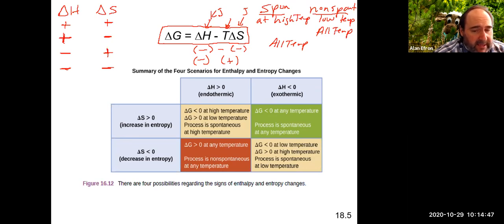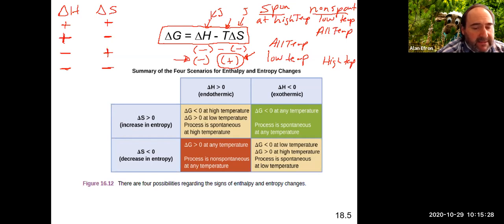In this case, in order for the reaction to be spontaneous, we want low temperatures, because at low temperatures that will keep our positive value less than our negative value, and that will give us a negative value for delta G. At high temperatures, the reaction will be non-spontaneous, because at high temperatures that's going to make our positive value bigger than our negative value, and that will lead us to a positive delta G.